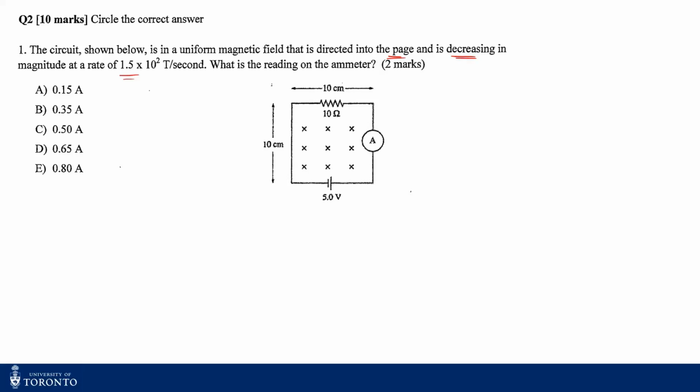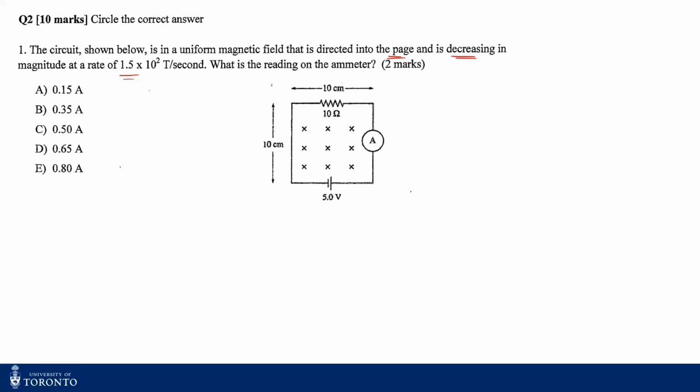So you know that B is decreasing. That's a hint, because it determines the direction of the induced current from Lenz's law, such that the induced current will try to increase the reduced magnetic field. Now you are asked to find the reading on the ammeter.